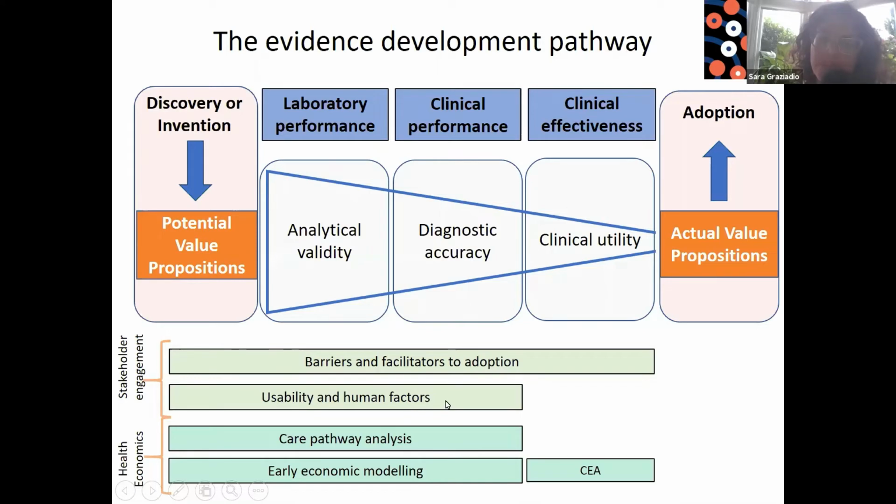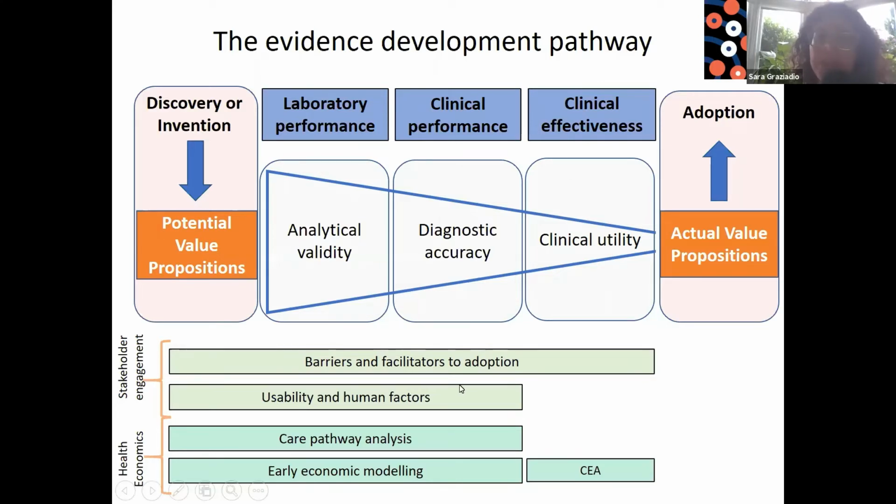Barriers and facilitators to adoption are also an important aspect. Sometimes barriers can be identified in early stages, and that means it's more likely that you can solve some of these issues, and then you've got a better chance to get to adoption at a later stage.